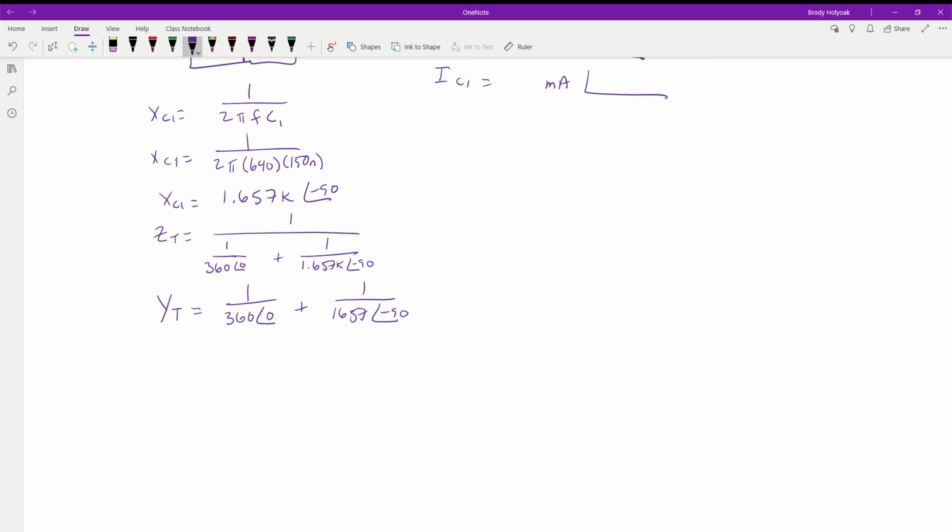As we go through these, we end up with the total admittance of the circuit equal to 2.778 millisiemens, and this here is our conductance.